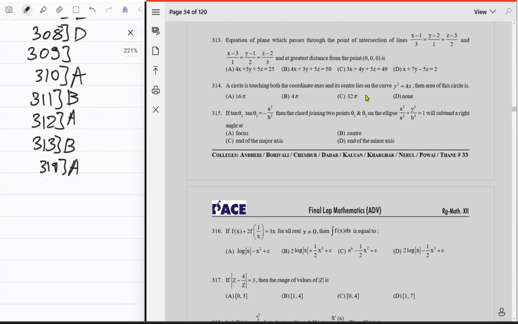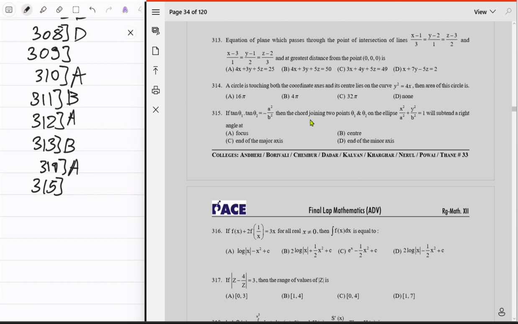Next question, 315. If tan theta 1 tan theta 2 equal to negative a square upon b square, the chord joining the 2 points theta 1 and theta 2 on this ellipse will subtend a right angle at the... okay, right angle at the what?